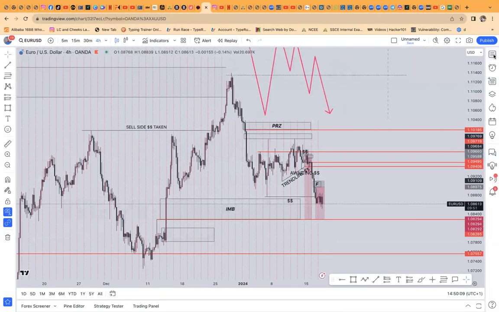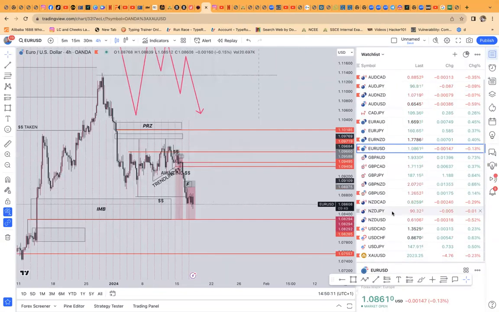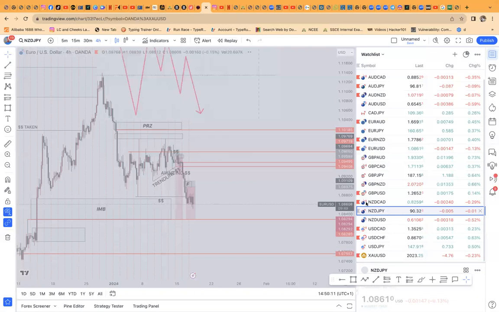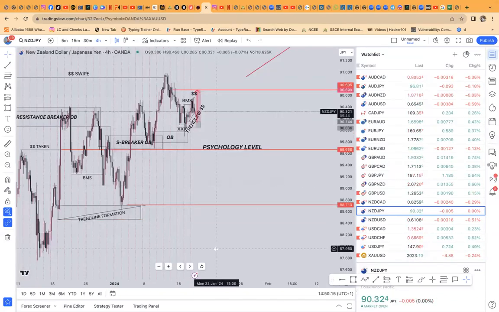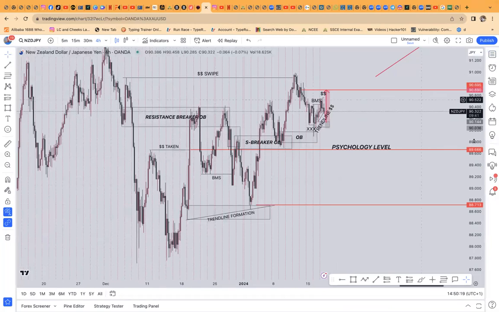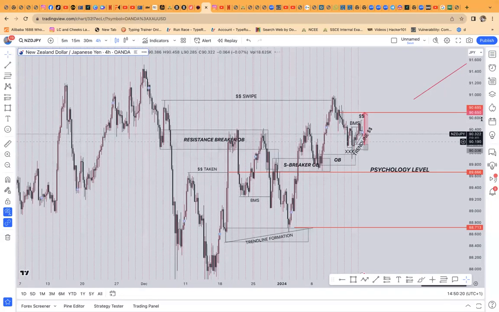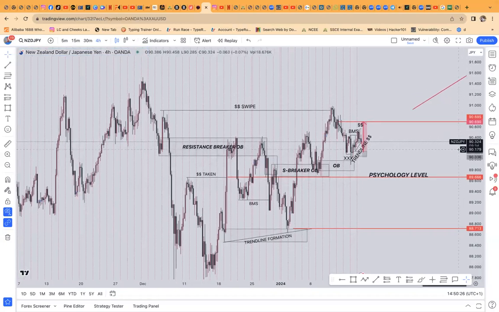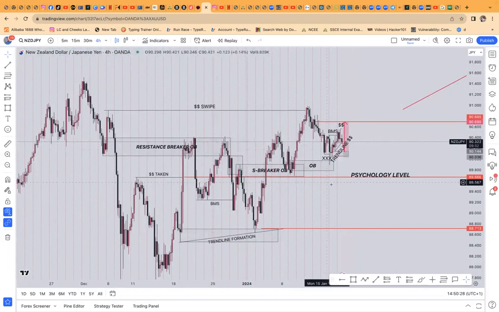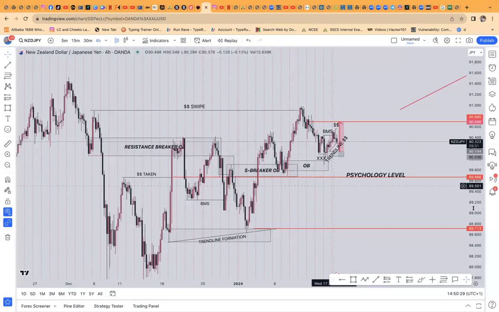So guys, let's go to this last one, NZD JPY. Now I picked an entry on this one and I will show you how I picked. This is complex, but let me show you guys how I did this. Now, initially, look at this very clearly.